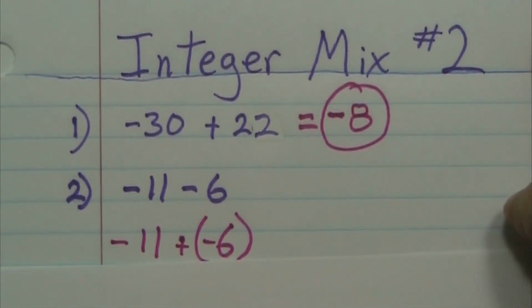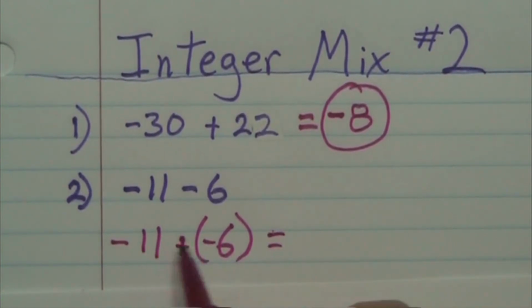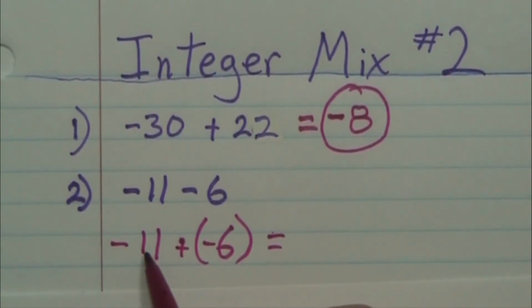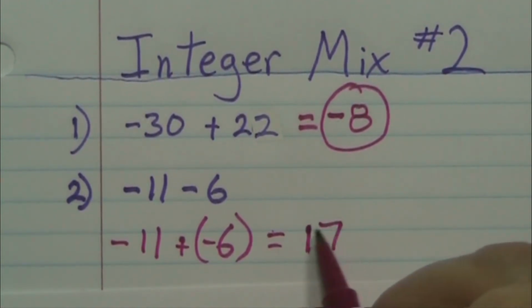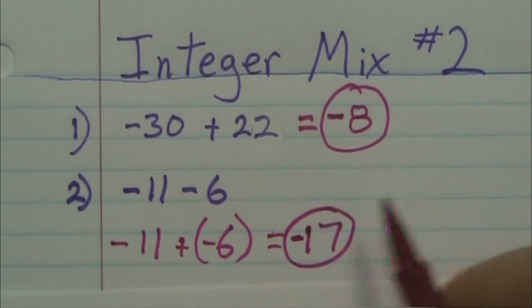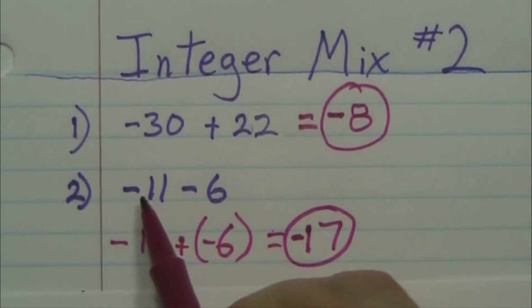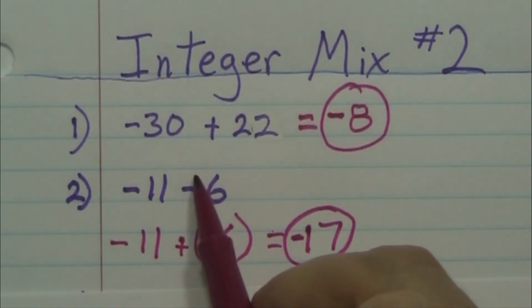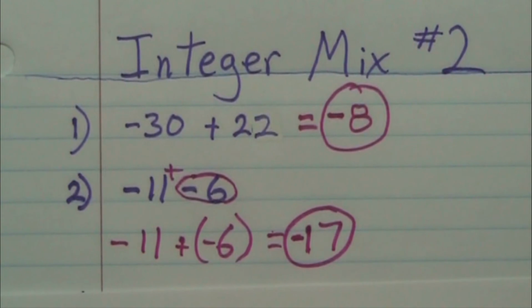So the answer is, they're both the same sign, so I add them. 11 negatives and 6 negatives makes 17 negatives. By the way, instead of rewriting the problem, you could just simply do this and then put a little plus there.